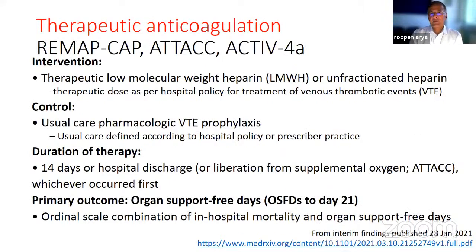So here we came into these multi-platform studies of REMAP-CAP, ATTACC, and ACTIV-4a, which looked at using therapeutic doses of low molecular weight heparin. And unusually, the main outcome was not venous thromboembolism, but organ support-free days.